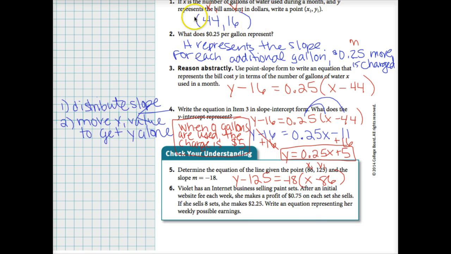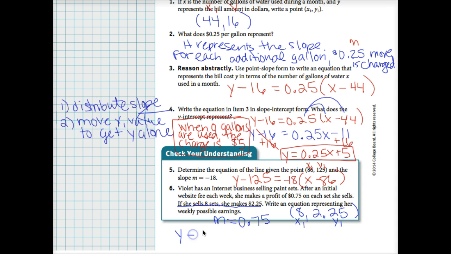Okay, so if you're following the steps in 1 through 3, the first thing we had to do was identify the x1, y1. So that would be right here. If she sells 8 sets, she makes $2.25. So that means this is my x1, y1 point: 8, 2.25. Then I know that the slope is the rate of change, which is her profit. So I know that m is 0.75. Then, write an equation representing her weekly possible earnings.